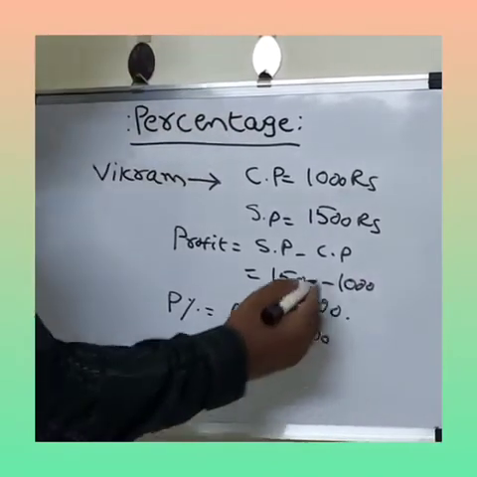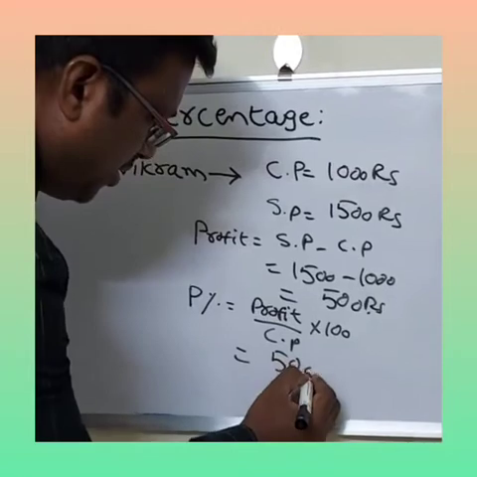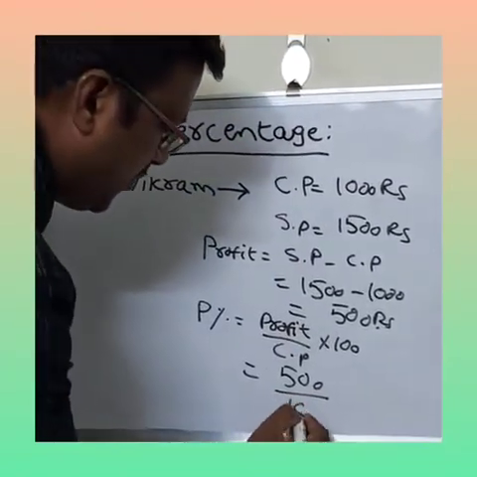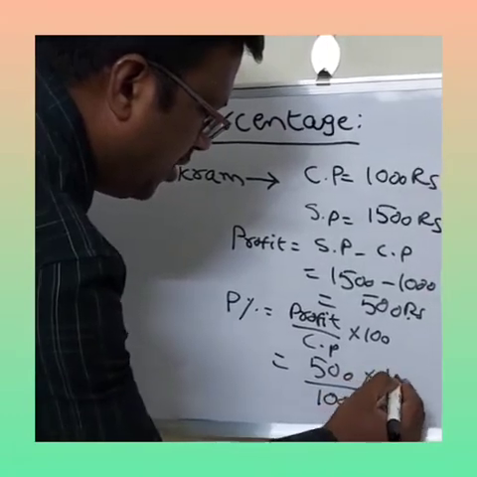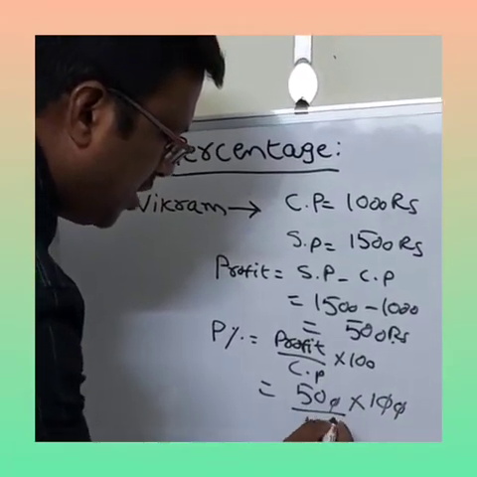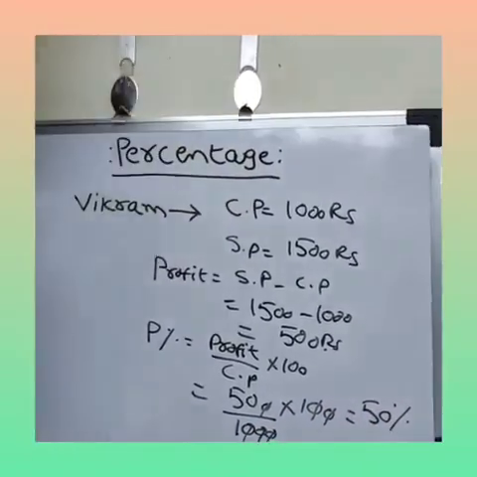The profit here is 500 rupees. So 500 divided by the cost price, 1000 rupees, into 100. The zeros cancel. So Vikram got 50%.